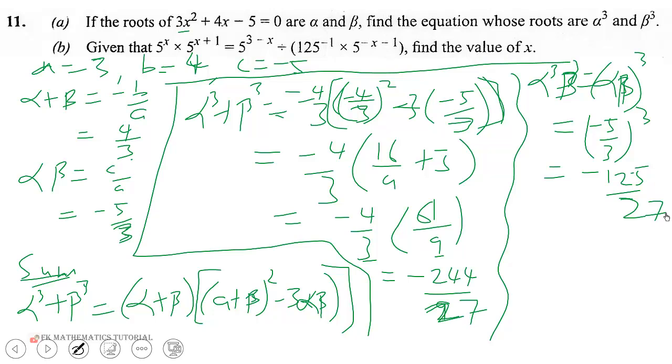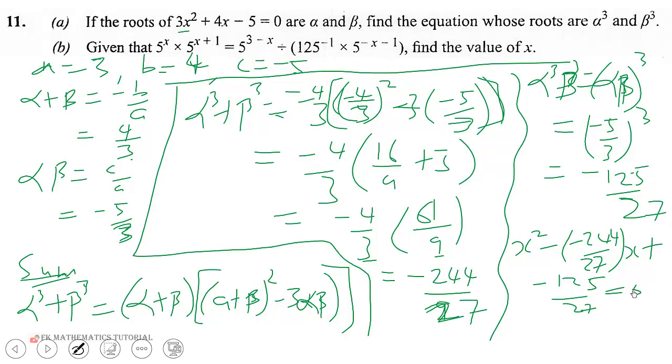So the equation is given by x squared minus the sum of the new roots, which is -244/27, x plus the product of the new roots, which is negative 125 over 27, is equal to 0.